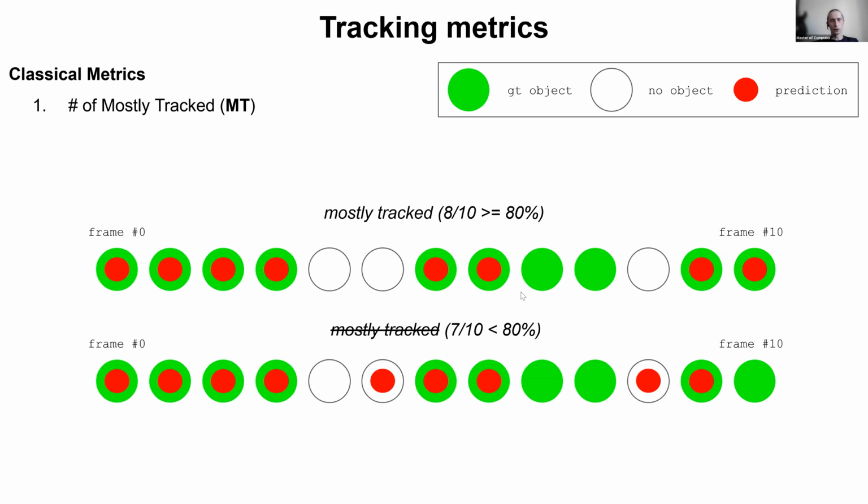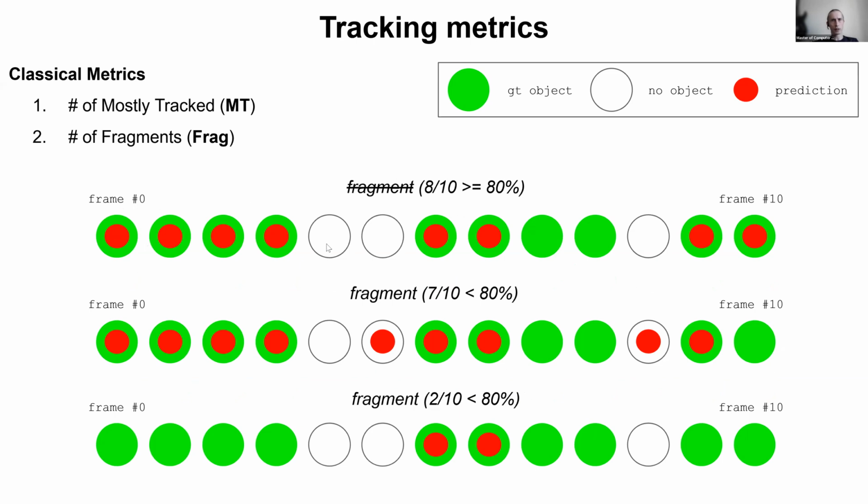If the ground truth trajectory is covered by the predicted one on at least X% of frames, right? We consider them matched. Then we can calculate how many ground truth trajectories we have covered, or what percentage of trajectories. This is the mostly tracked metric.